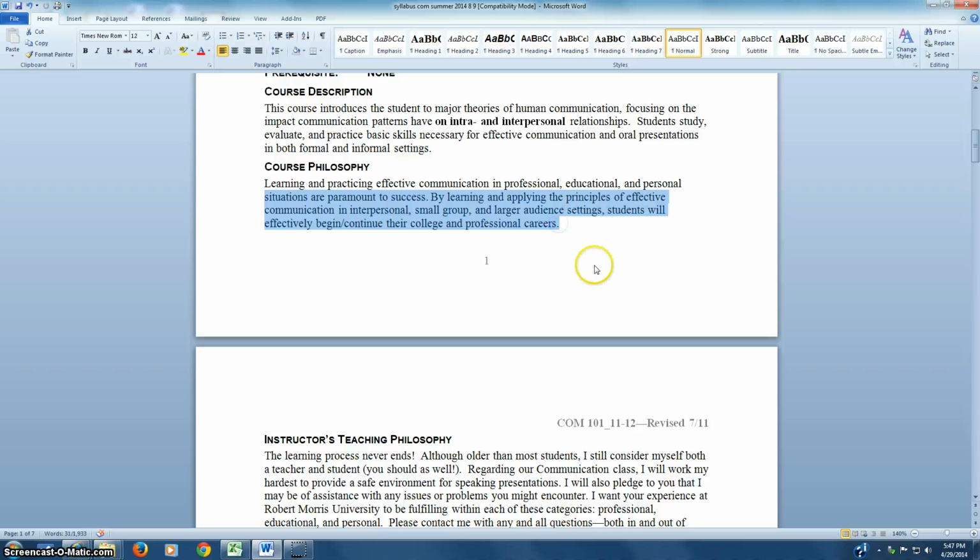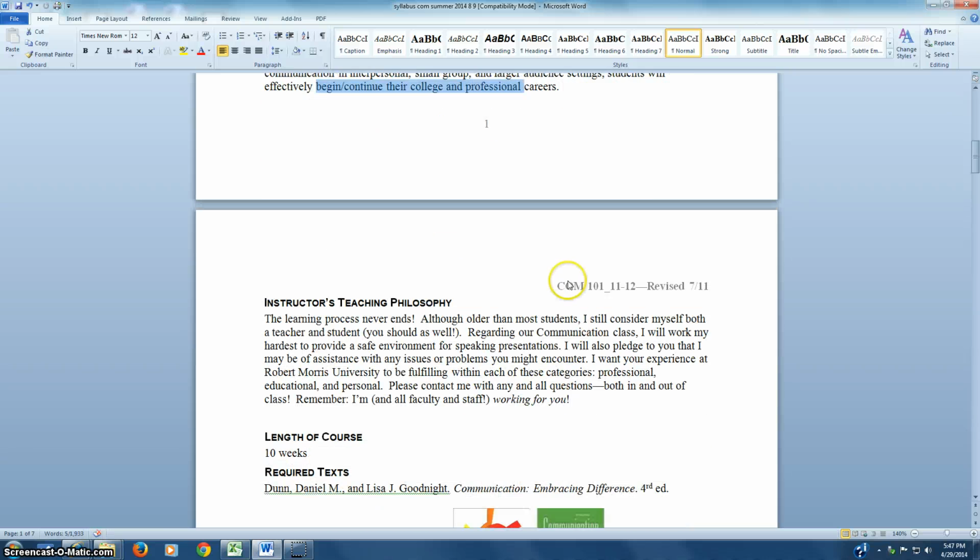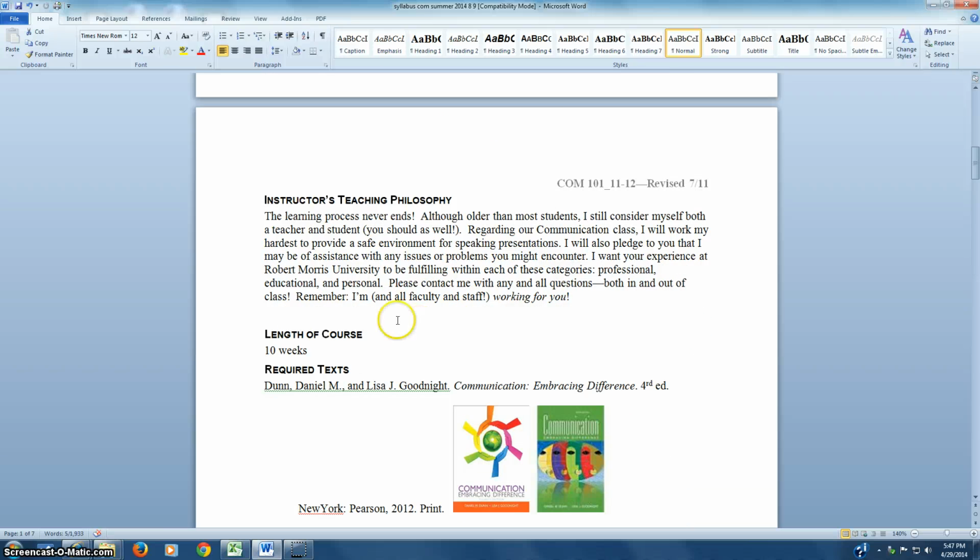Learning and practicing effective communication is paramount to success. No matter what business you're going into, the more adept you are at communicating and getting your point across in a clear, concise manner, the better off you should be. You'll be doing a lot of communicating, speeches, and group work here at Robert Morris and at any university, so we'll practice these items as much as possible.